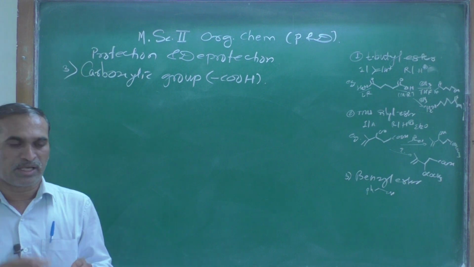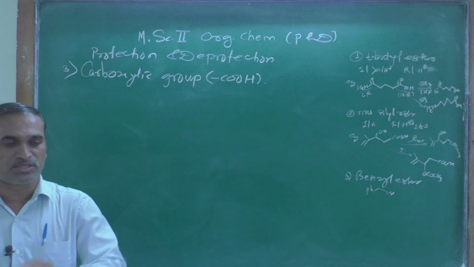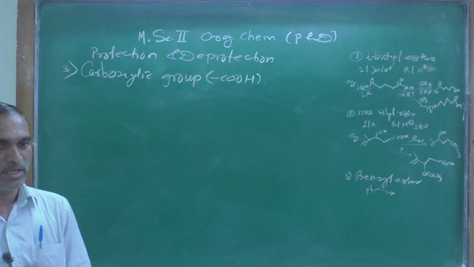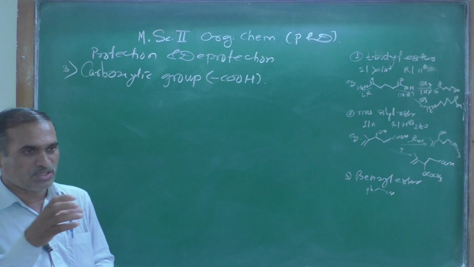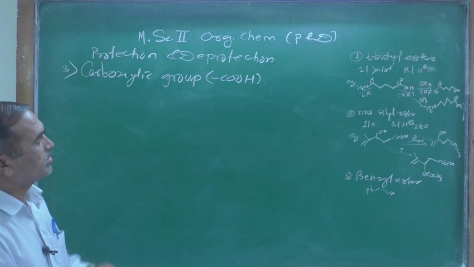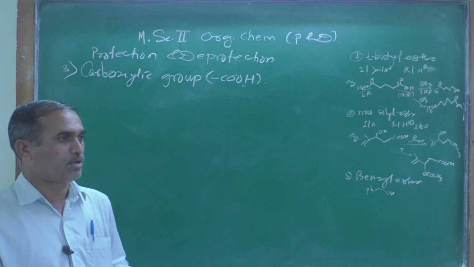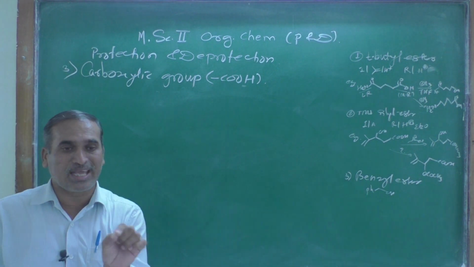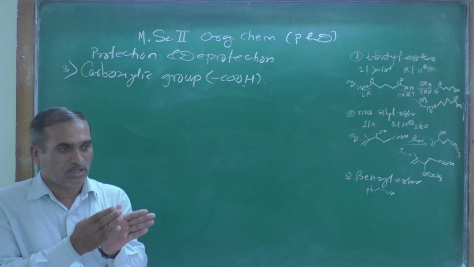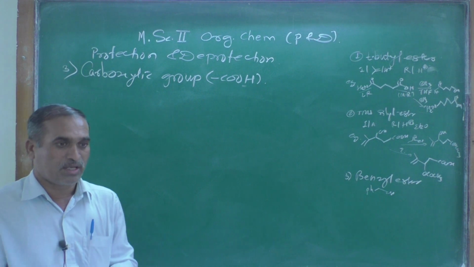Number one, the carboxylic group is converted into an ester. When it is converted into an ester, its reactivity is decreased. Why is the reactivity decreased? If you look here, this proton is highly acidic in nature, and therefore it generates the problem of chemoselectivity.